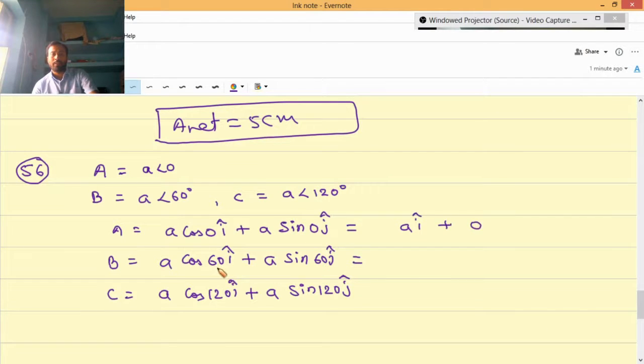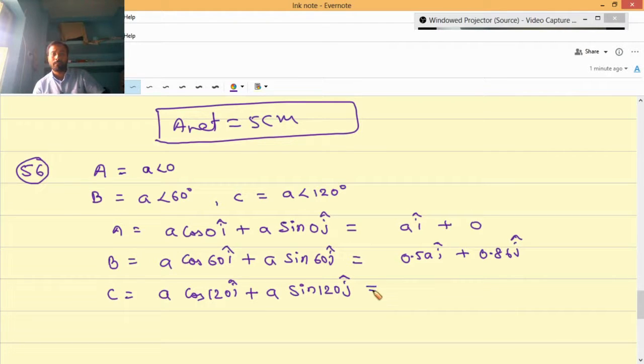The cos 60 degrees value will be 1 by 2, so you can write 0.5 A. Sine 60 degrees will be root 3 by 2, so it will be about 0.86 j cap.